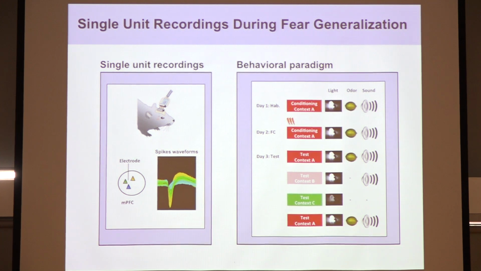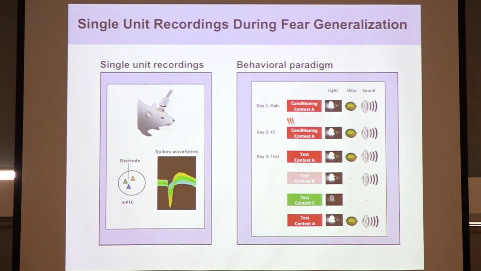When you do that, you cannot control precisely when the animal detects the contextual changes. If you want to do single unit recording, what you would like to see is when, in terms of neuronal activity, the animal understands there is a change in the context.